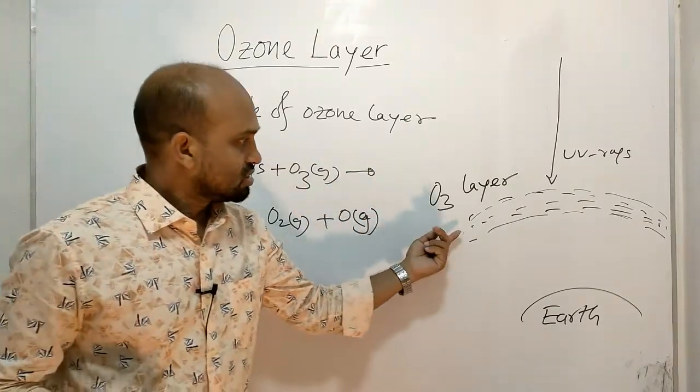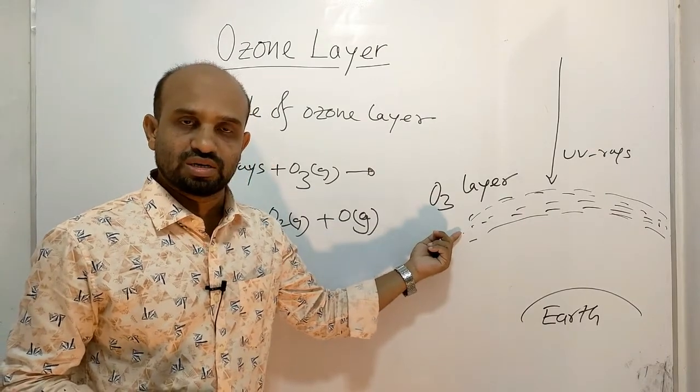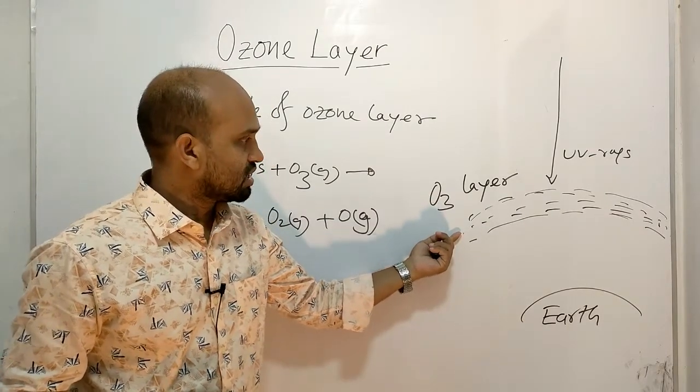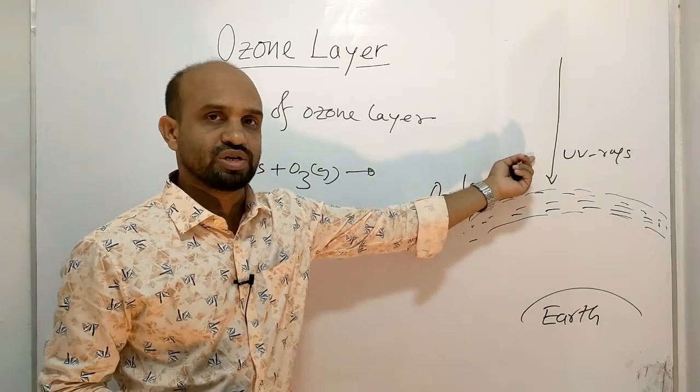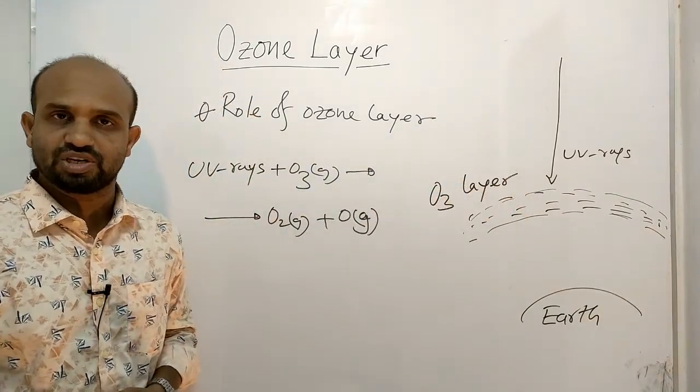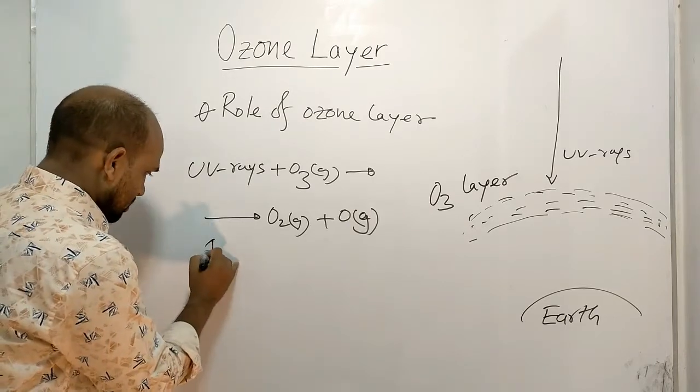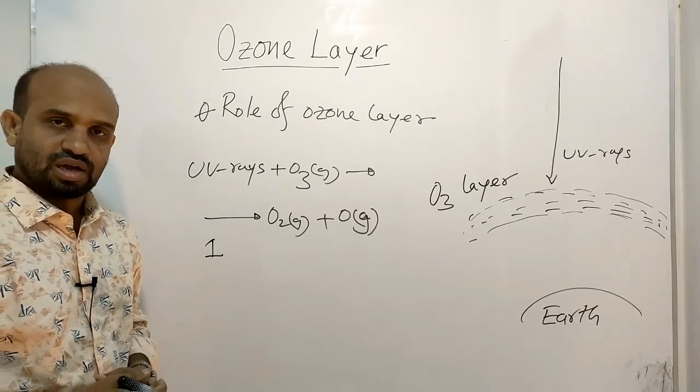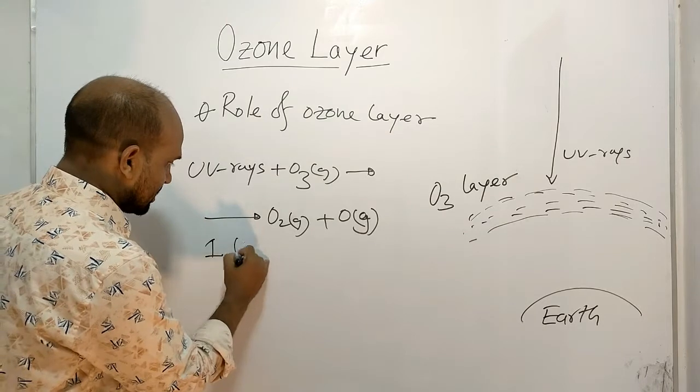So the role of ozone layer is it absorbs UV rays, and we know there are some harmful effects of UV rays. So ozone layer acts as UV rays absorbent.